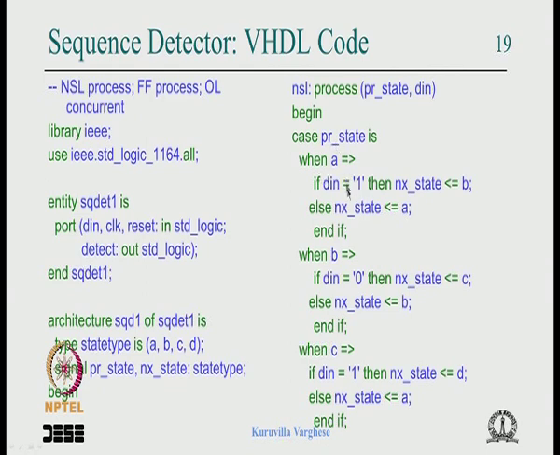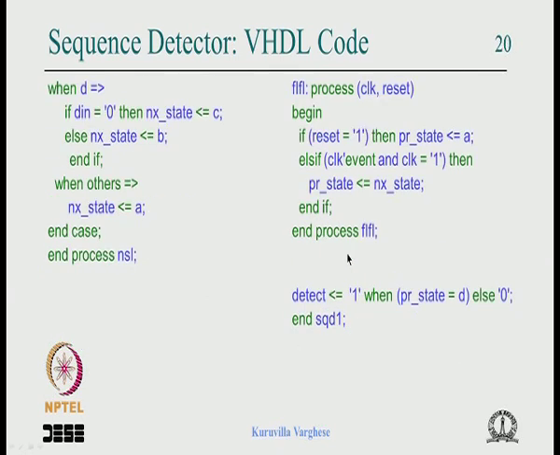For each state we write the transition using if for state transition, and we write the flip flop in a process with asynchronous reset, and the output using a concurrent statement, being Moore. It is very easy, okay.